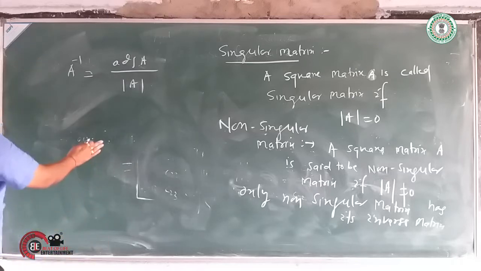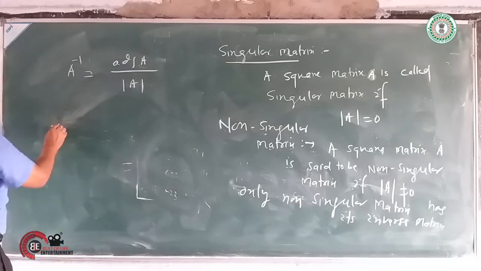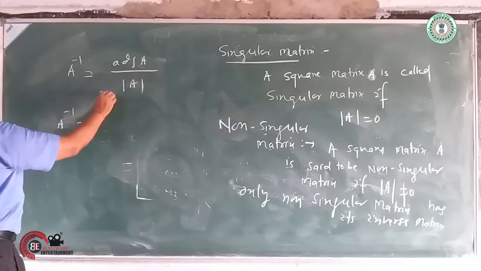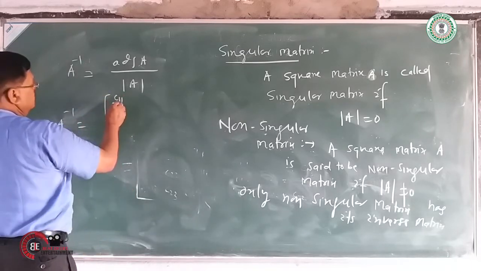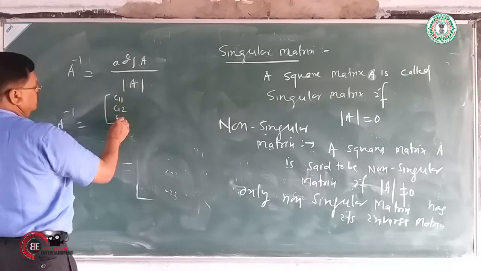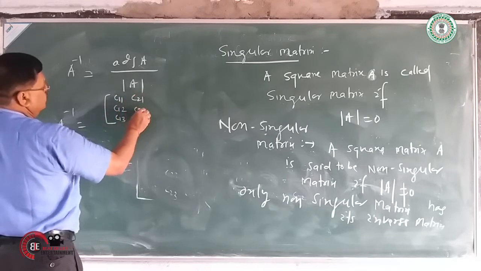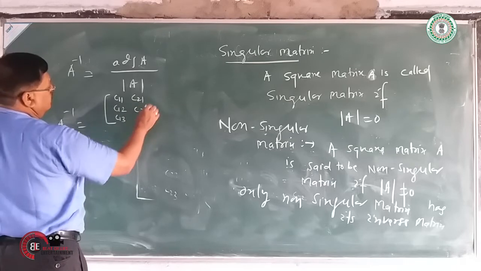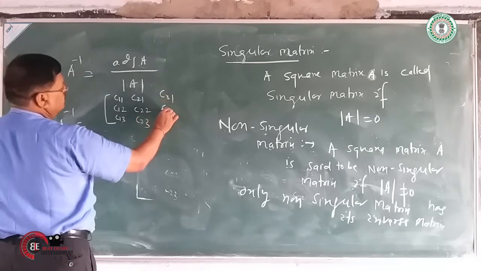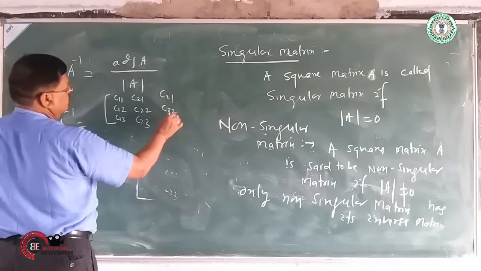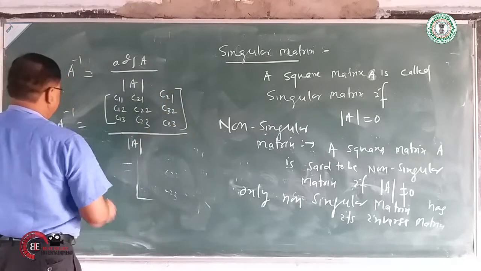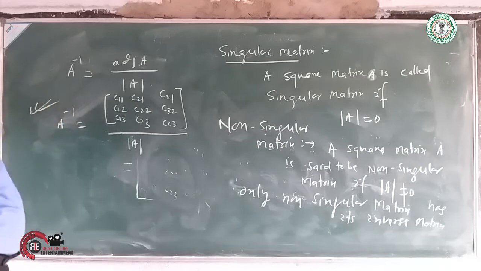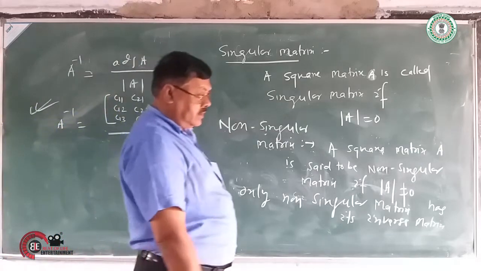If adjoint A is C11, C12, C13, C21, C22, C23, C31, C32, C33, then divide this by determinant A. This is the inverse; the inverse of the A matrix is equal to this.